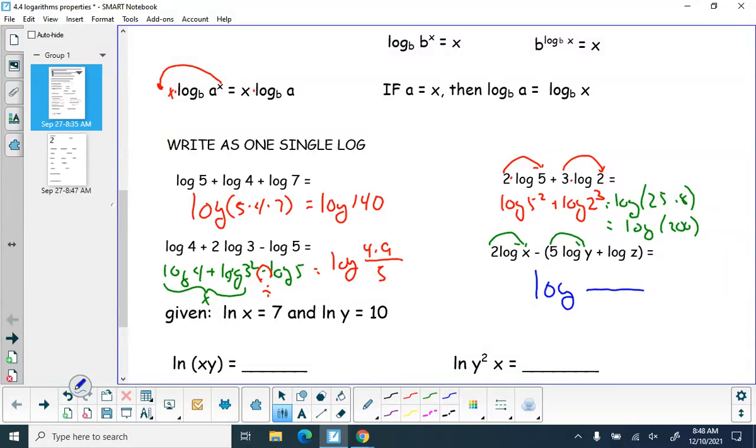We have one single log. Check your answer somewhere around.